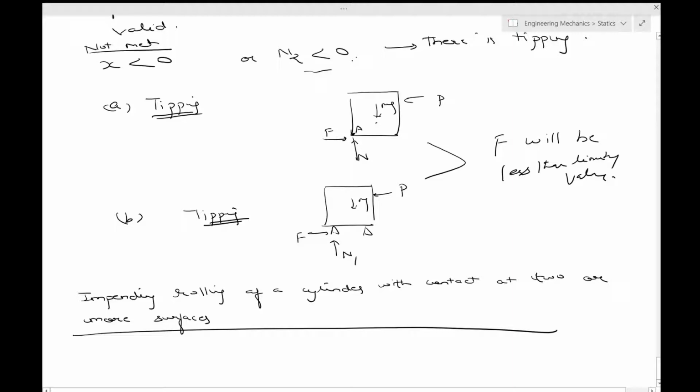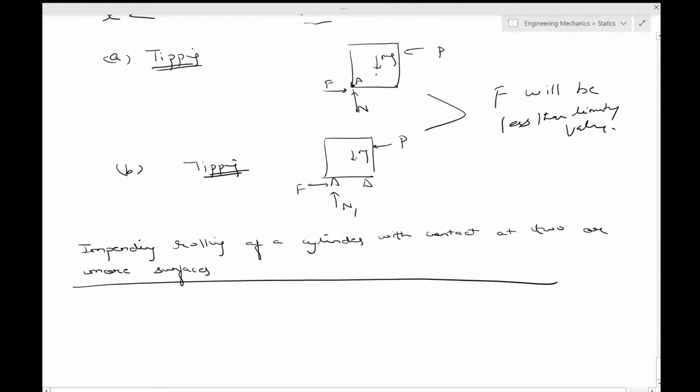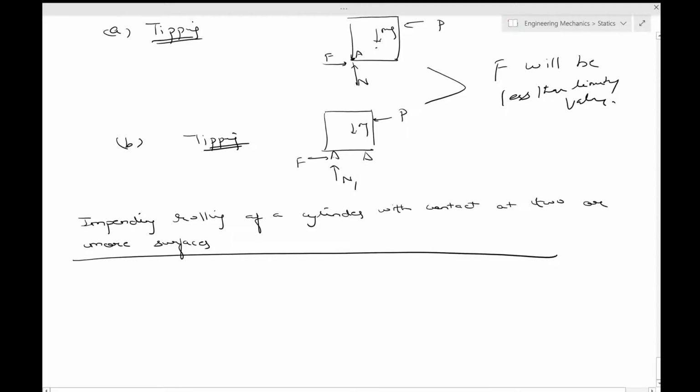So, impending rolling of a cylinder with contact at two or more surfaces.